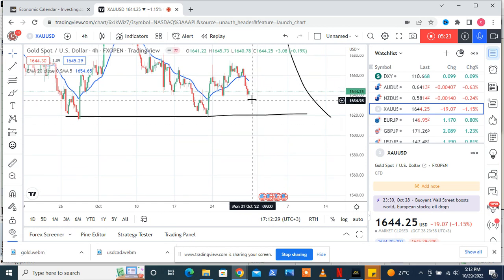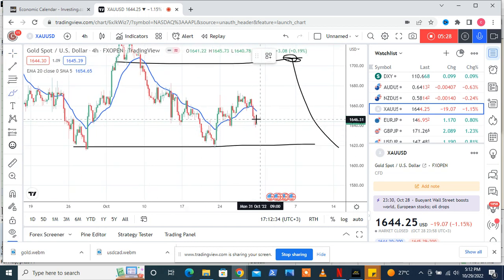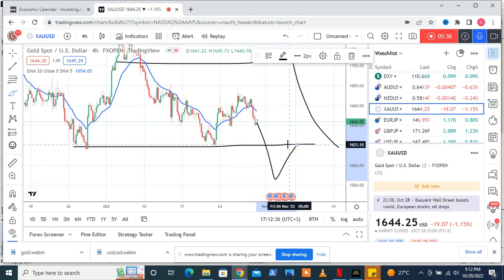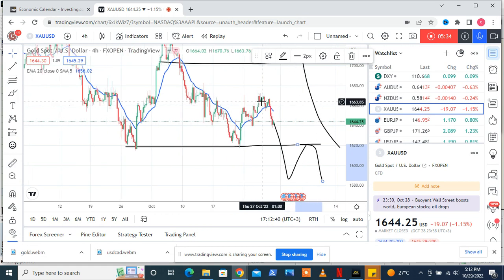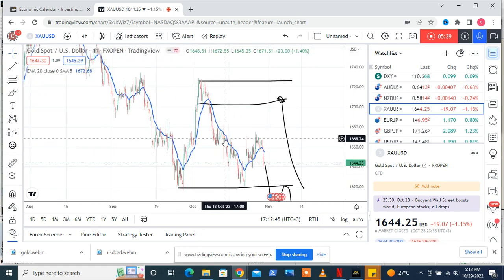And if from here we break, then wait for a retest, then sell. But long term, my opinion on what this pair will do is that we are going down. So I'm favoring the sells more than the buys.